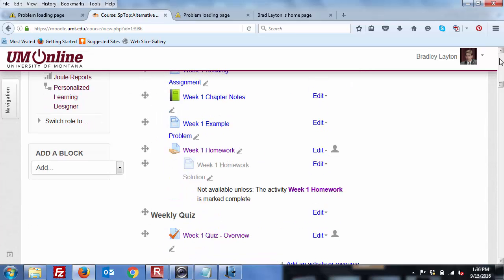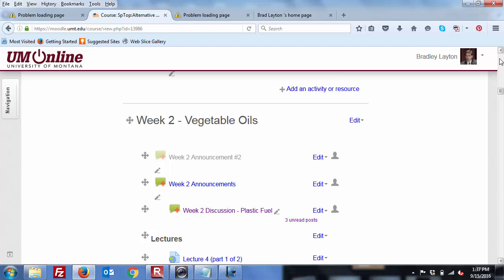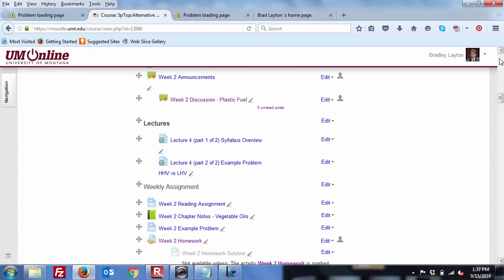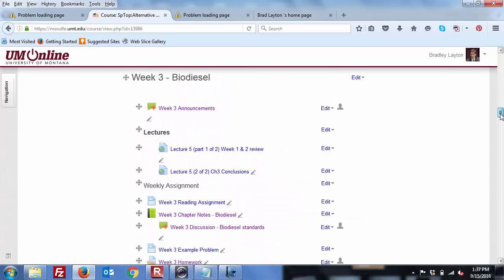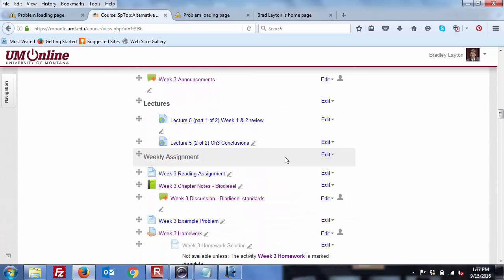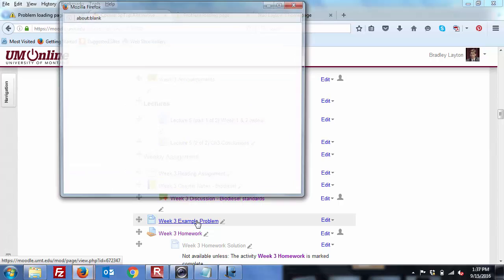And frankly, I always find it's easier for me to really get it if I'm writing along as I'm following. Okay. So try that strategy. So let's get back. The week 3 example problem is here.